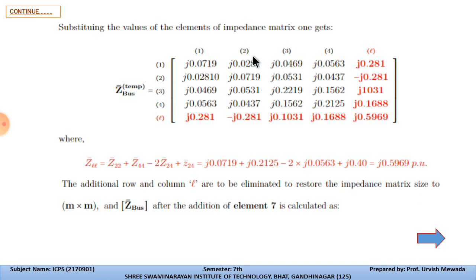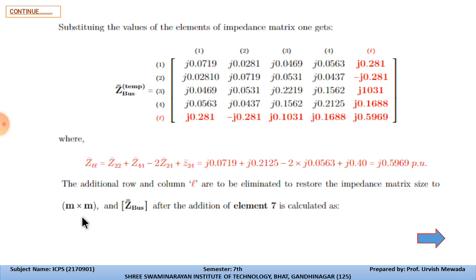Substituting all the values, the elements of the impedance matrix take these values. The ZLL formula for this is Z22 plus Z44 minus 2 into Z24 plus Z24. By placing these values we will get the value of ZLL, which is 0.5969.